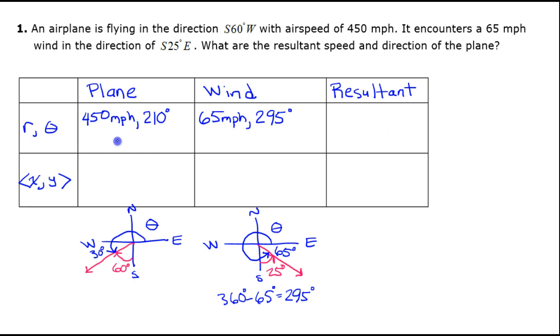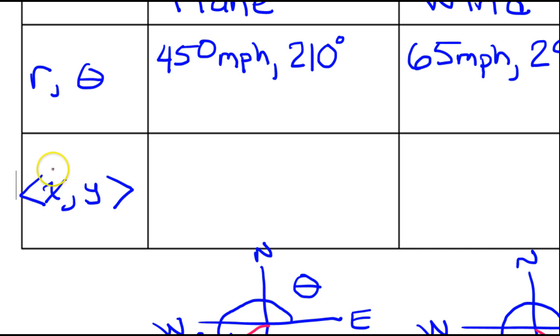There's no way to directly add these and come up with the resultant. So the first thing we need to do is convert these into component form, x comma y. And here's how you do that. If you want to find the horizontal component, you do r cosine theta, and that will give you the horizontal component. You can get the vertical component by doing the calculation r sine theta.